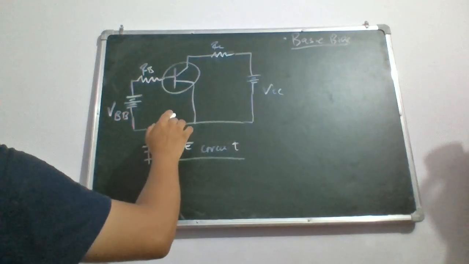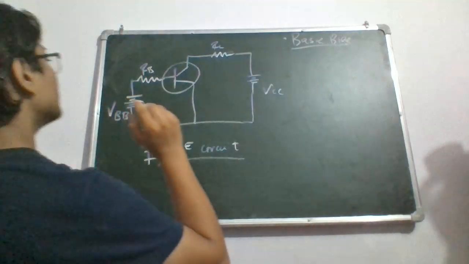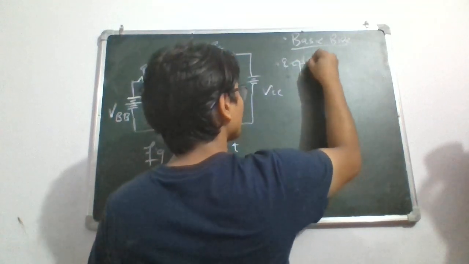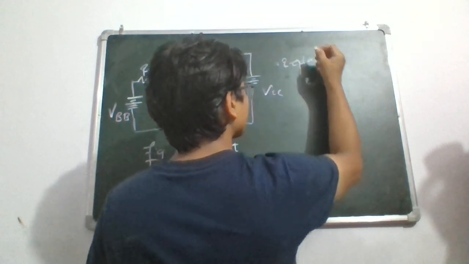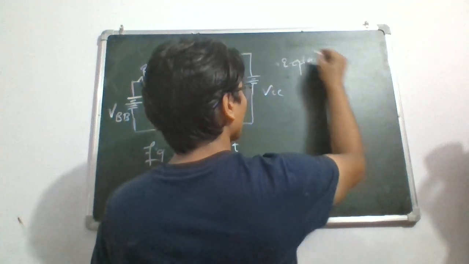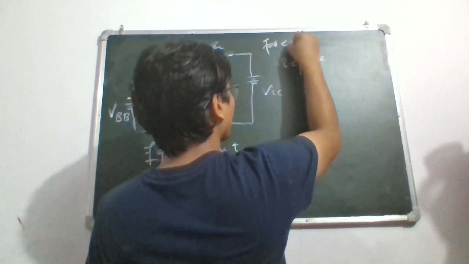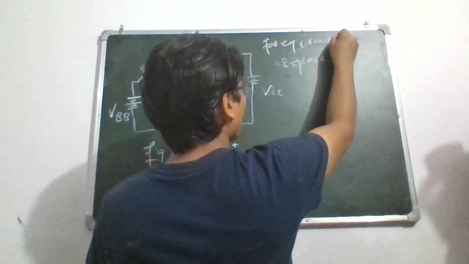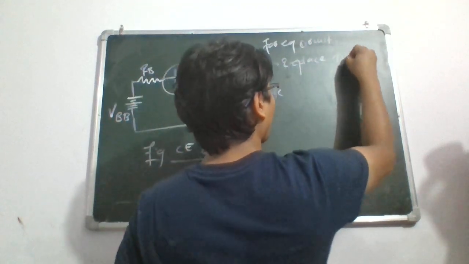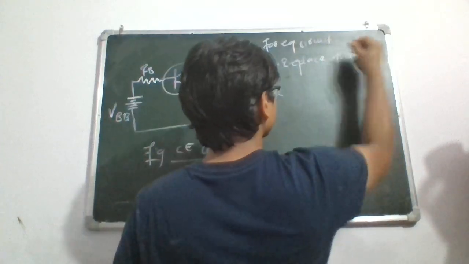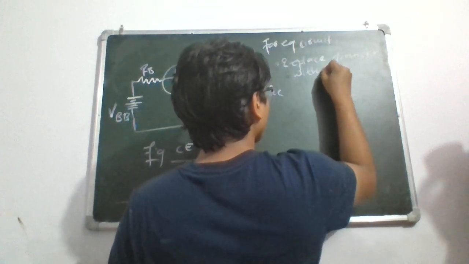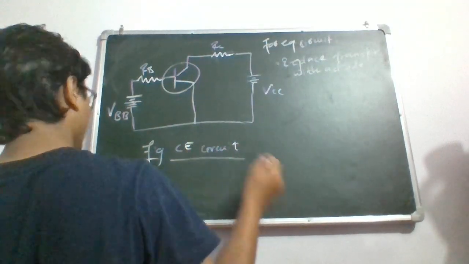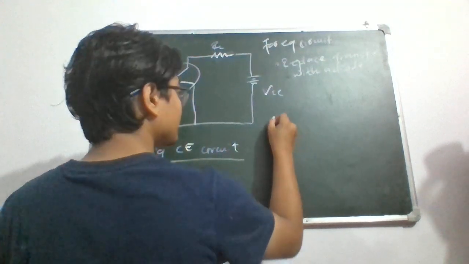So what you do here is you replace this transistor by using a diode. The first thing you would like to do is replace the transistor with the diode for the equivalent circuit, and it looks like this.